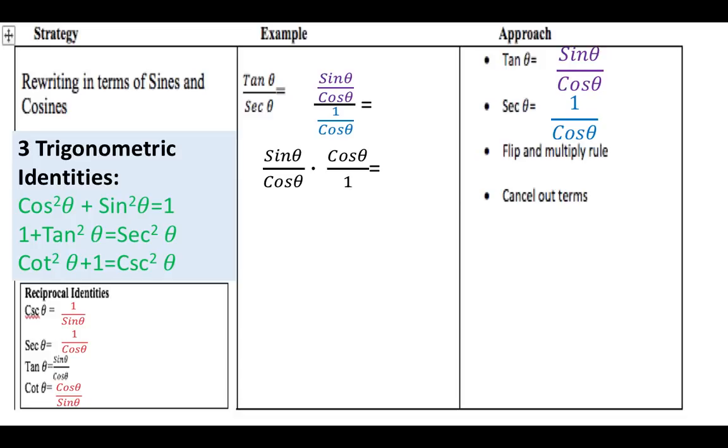This is actually going to be a very nice example because the cosine from the bottom will cancel the cosine from the top. So then at the top, you'll be left over with sine, the bottom over 1. Sine over 1 is basically equal to sine. And that is it. You are done with strategy 1. Basically, this right here simplifies to sine.